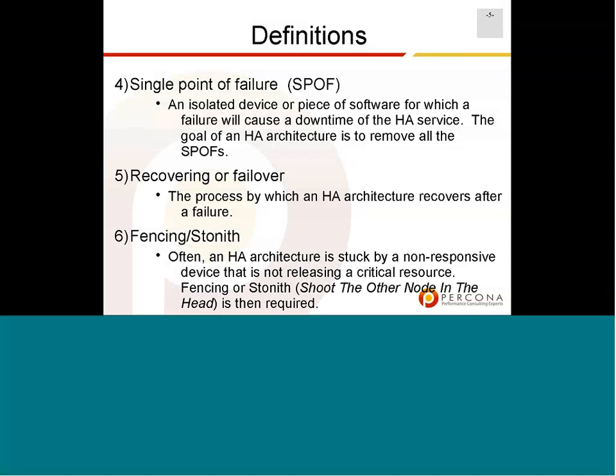And we will also talk about fencing and STONITH. It's basically a way, with an HA architecture, you can have computers that are stuck and not responsive, and that hold resources that prevent the failover. So at that point, you need a means for the surviving nodes to be able to remove the failed node from the cluster.